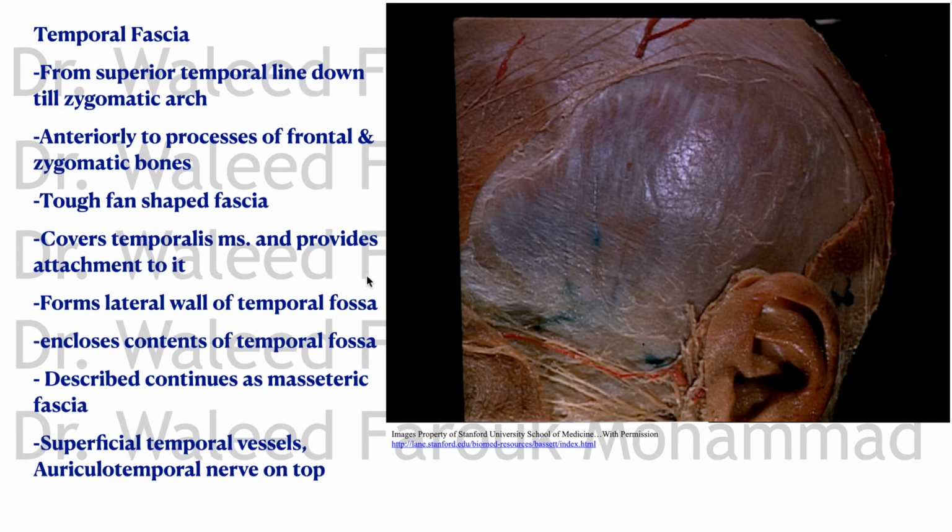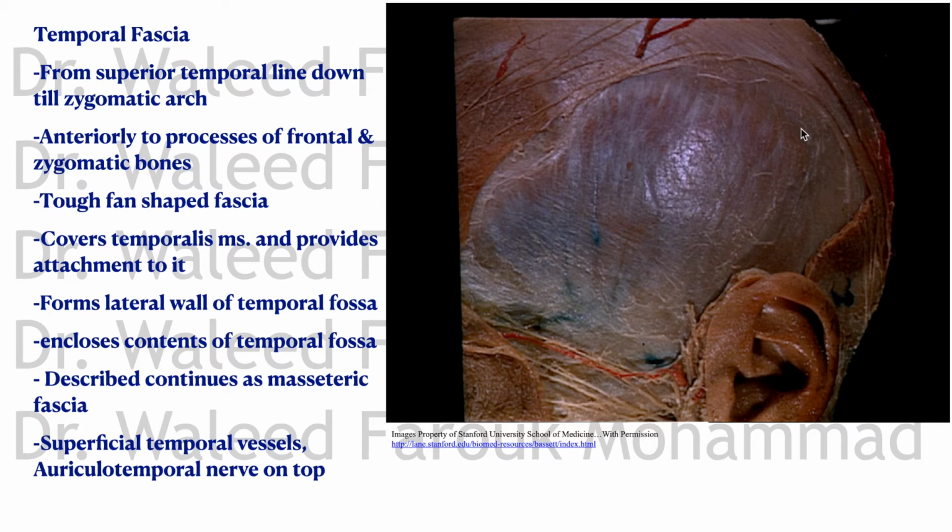Okay, the temporal fascia. If you have here superior and inferior temporal lines, which one will you stick the fascia to? Of course, the superior one, because it covers everything. Remember, the superior temporal line is for the temporal fascia, and the inferior temporal line is for the temporalis muscle, the one you see here.